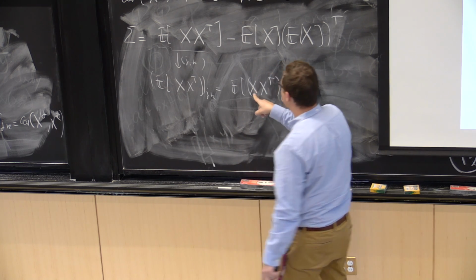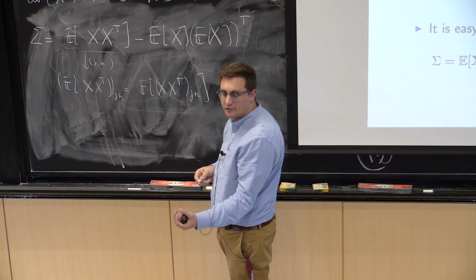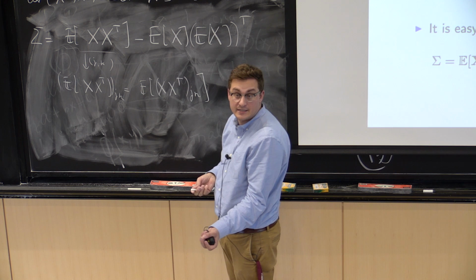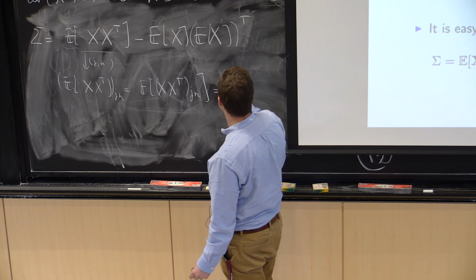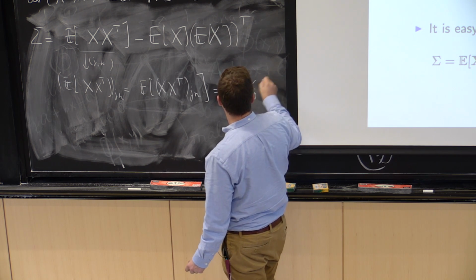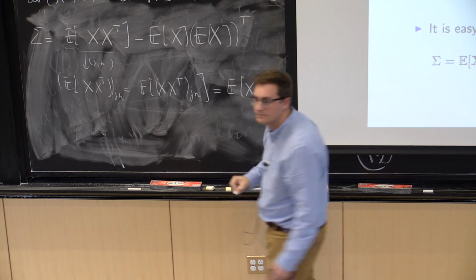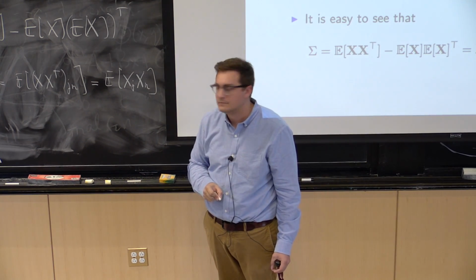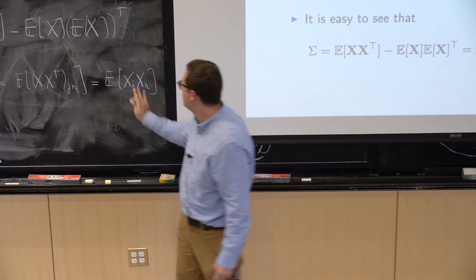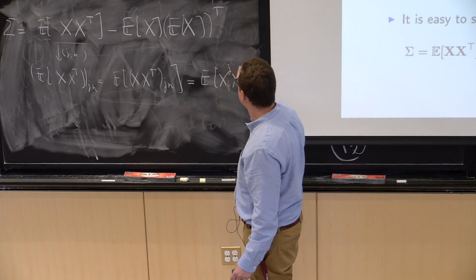And what are the entries of x x transpose? Well, they're of the form xj times xk exactly. So this is equal to the expectation of xj times xk.